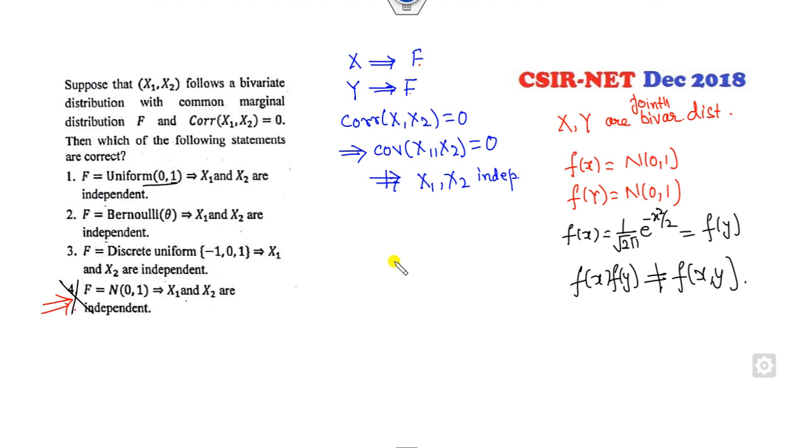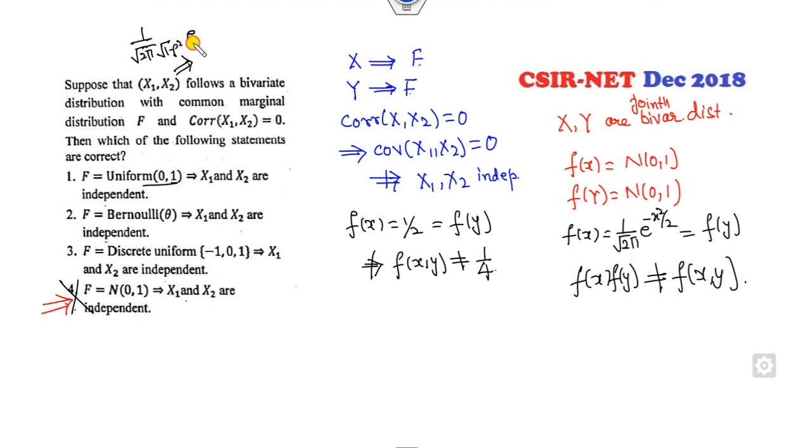If X and Y are my uniform distribution, so PDF of this is half, PDF of Y is also half, so clearly F of X into Y is not equal to 1 over 4, because if they are the joint distribution, then it will be 1 over root pi 1 minus rho square E of this, which is not equal to 1 by 4.